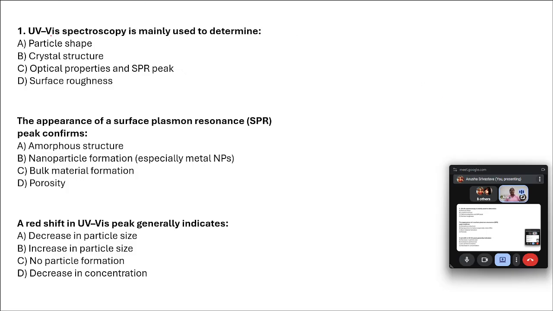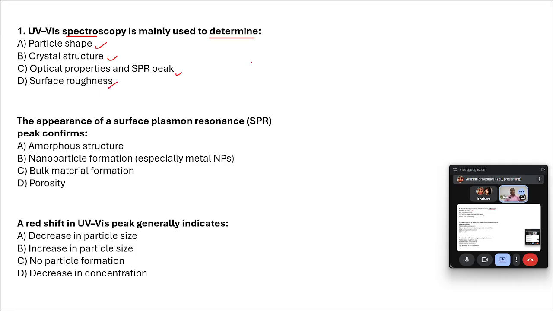The first question reads: UV-Vis spectroscopy is mainly used to determine what? We have seen that we record absorption spectra of the nanoparticle suspension. So what exactly does it determine? Does it determine the particle shape, the crystal structure, optical properties and SPR peak, or surface roughness?